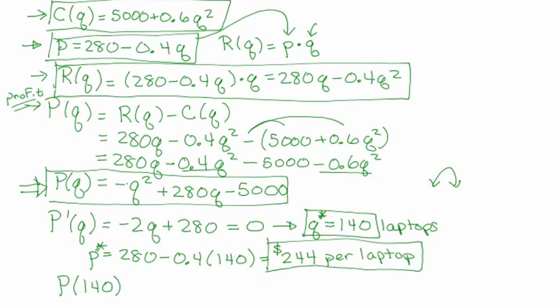So you plug that in, you get negative 140 squared, and note that this is like a negative in front of the 140 being squared, plus 280 times 140 minus 5,000. Taking out a calculator and plugging this in, we would get that the maximum profit is $14,600.